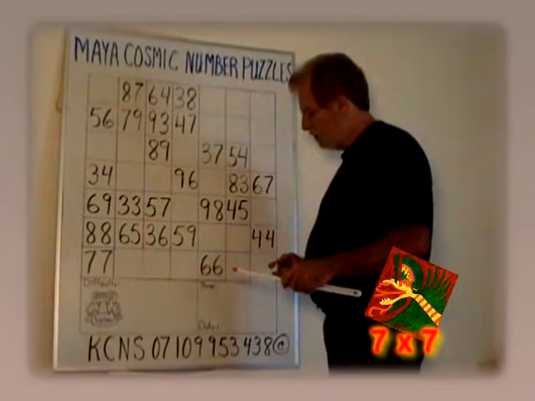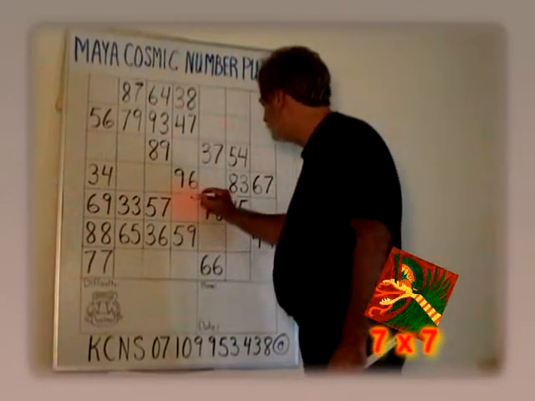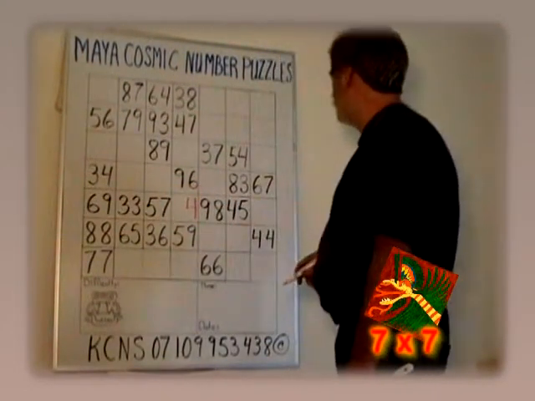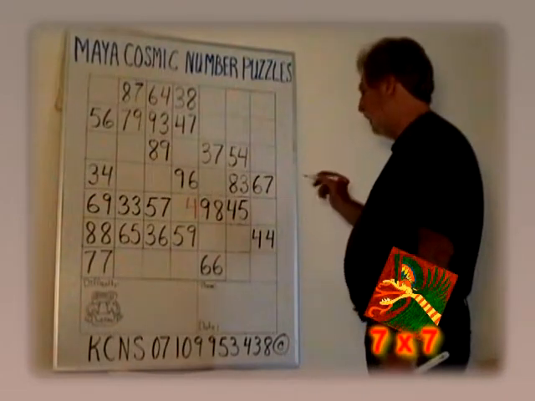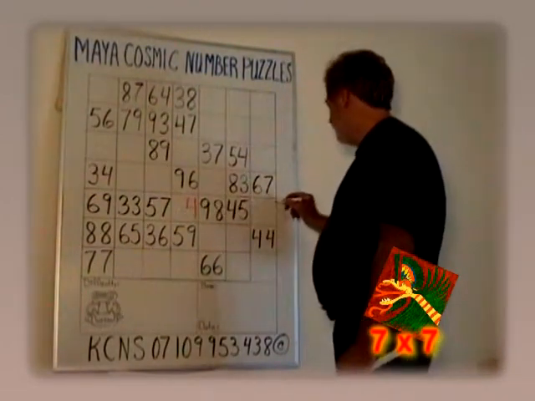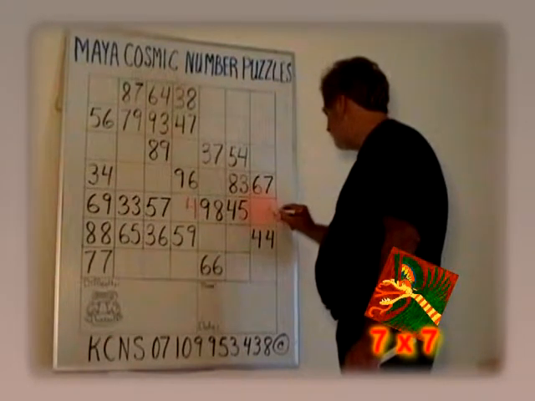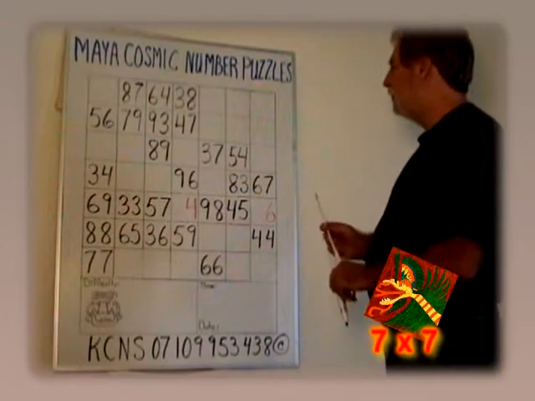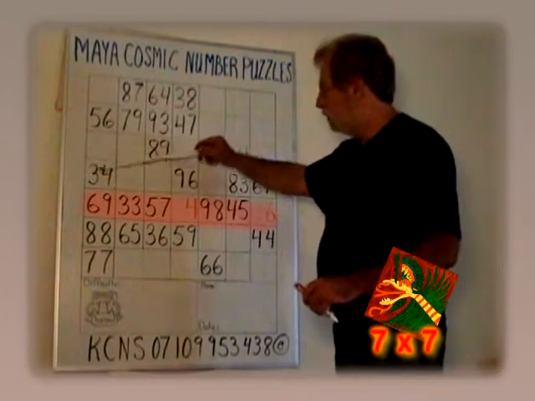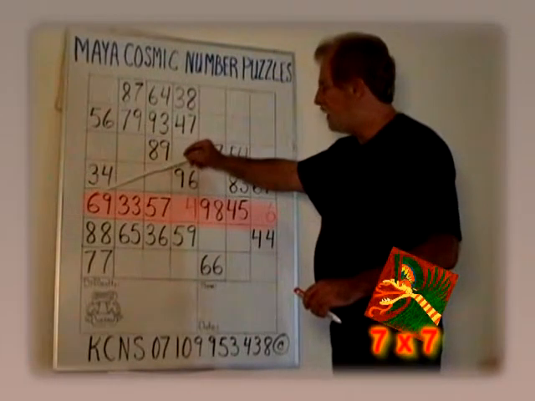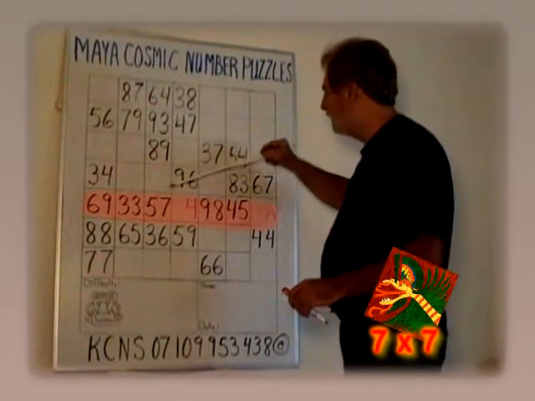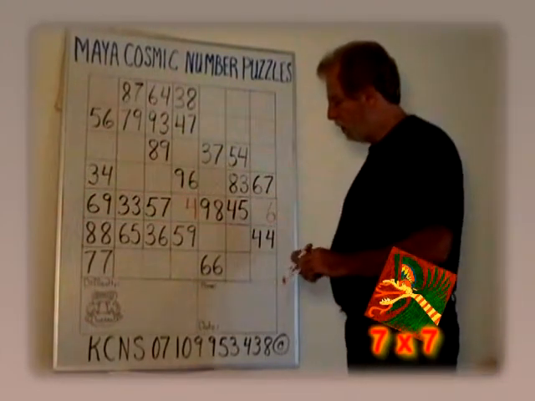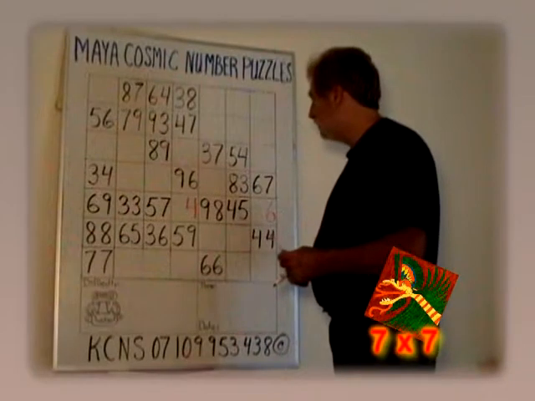We will have to use the 4. If the 4 is in this position, then the 6 has to be in this position here. Then the numbers on the left side compose a 6, a 3, a 5, a 9, and a 4. Therefore, we are missing both a 7 and an 8.